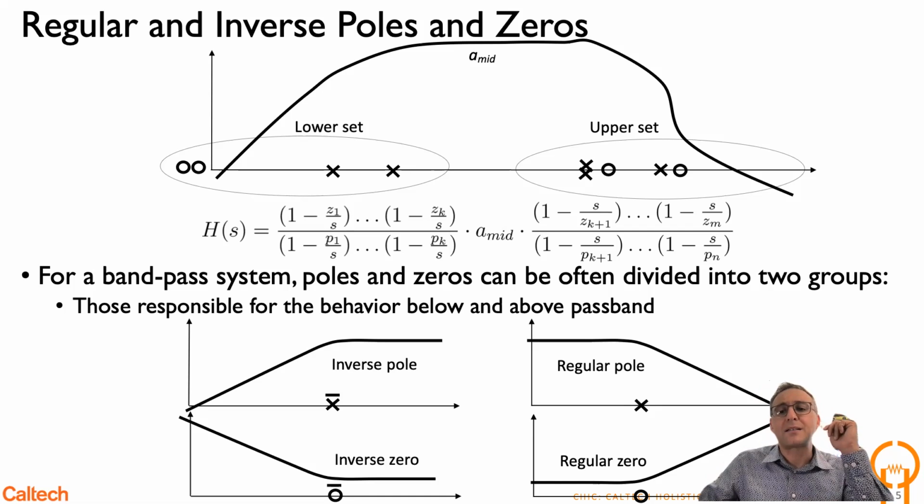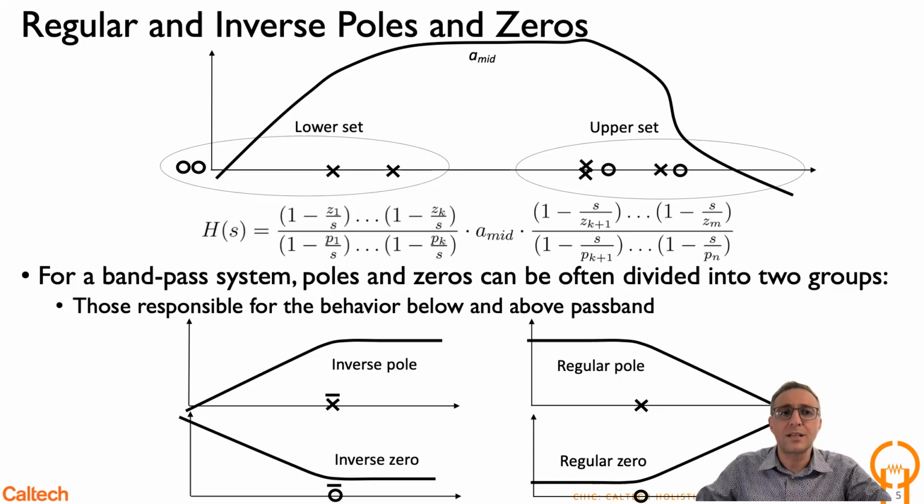The way we think about this is that, of course, probably everyone is familiar with the regular poles and regular zeros. The amplitude response of a regular pole goes like this, the amplitude response of a regular zero goes like that. Now, an inverse pole is a combination of a zero at zero frequency and a pole at the frequency of interest.